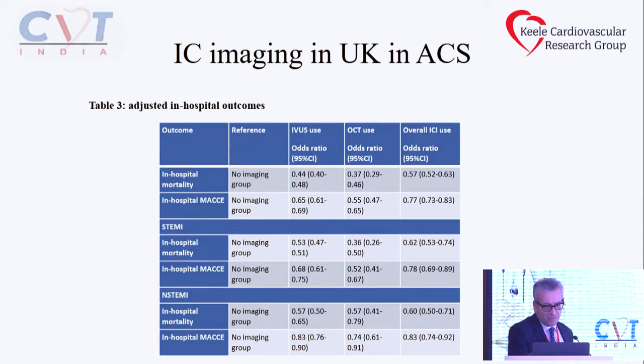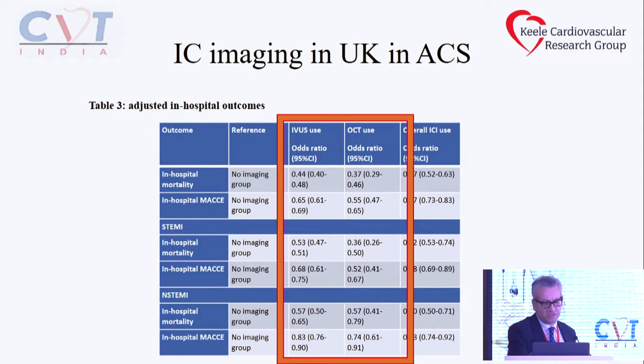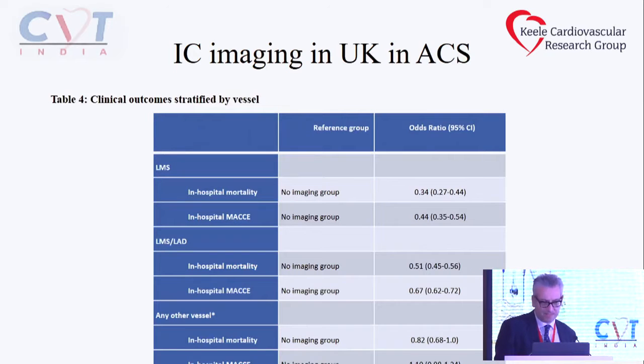This is data related to in-hospital outcomes, and you can see that irrespective of whether you use IVUS or OCT, whether you focus on STEMI or altogether, using imaging is associated with better outcomes. This is not highly selected cohorts, this is every PCI case undertaken in the UK over the last 15 years. Much better outcomes with imaging. Doesn't matter whether it's IVUS or OCT, use one, you'll have better outcomes, your patients will thank you for it.